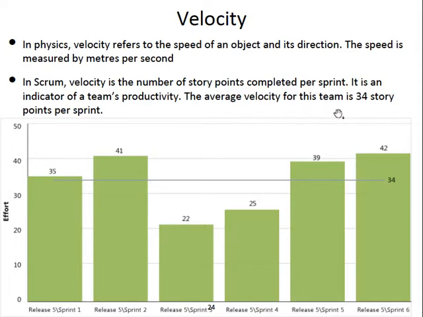So velocity means how many user story points are completed per sprint. So for example, this is release 5 for a Scrum team: sprint 1, sprint 2, sprint 3, and so on. And that's the number of story points that they finish.